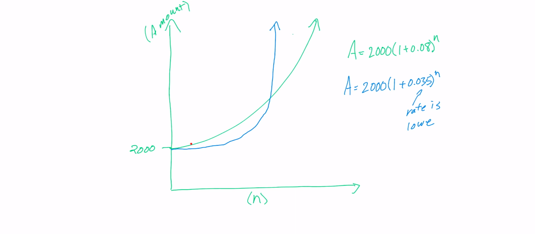It might start out slowly, but eventually it's going to catch up at our intercept right here. This will be our overtaking point. And then next thing you know, our blue graph will overtake and make more money over time, because the compounding periods are double the amount compared to the original green one.